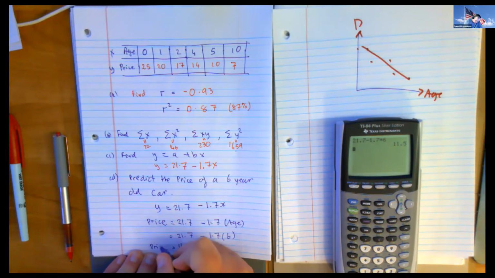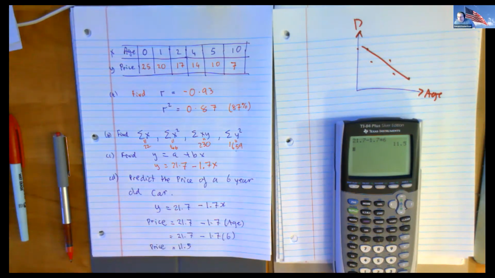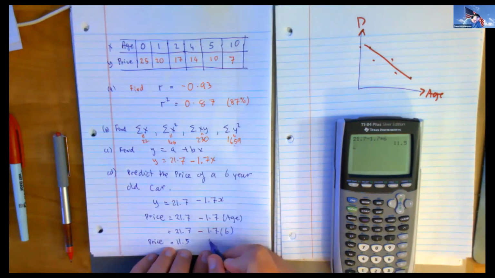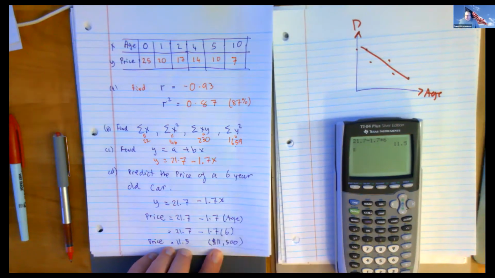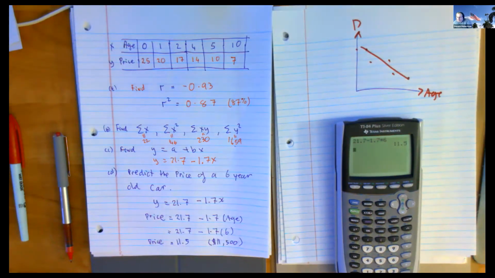And now the units kick in. Weren't the units thousands? So 11.5 doesn't mean that car will cost you $11.50. It means that car will cost you 11,500. So you can imagine if you put 11.5 into the box instead of 11,500, you might not get the right answer because they want the answer in dollars.